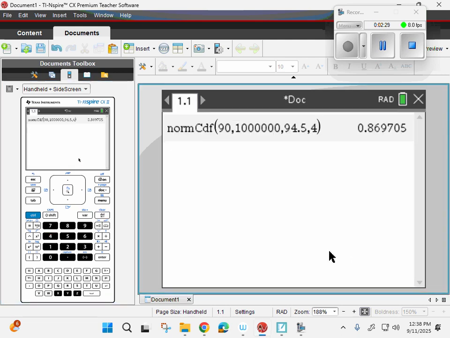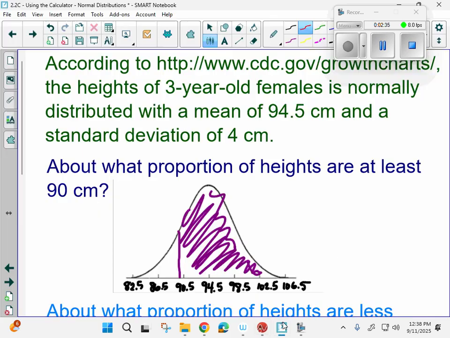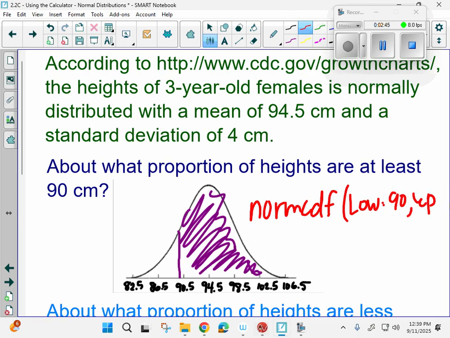Now, to earn full credit on the AP exam, you have to label each piece. So you are allowed to write norm CDF, lower bound 90, and I should just be writing this in one big long line, but I ran out of room. Upper bound 10,000. Oops, I put an extra 0 on there.